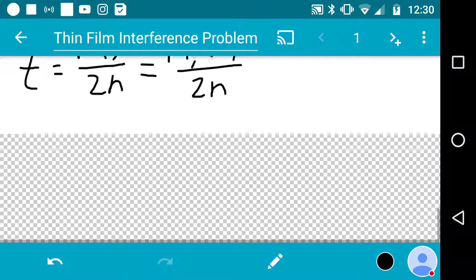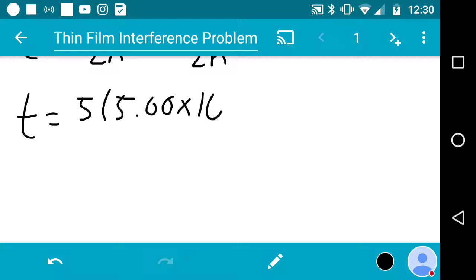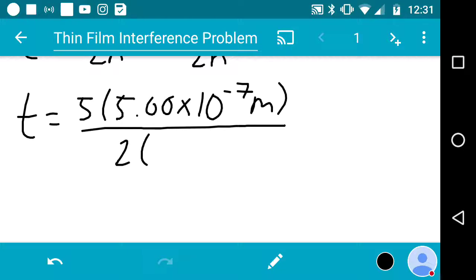So now let's plug in our values. We'll have that thickness is equal to m1, we said was 5, lambda 1 is 5.00 times 10 to the minus 7 meters. I'm going to divide by 2, and then our index of refraction, we were told, was 1.38.